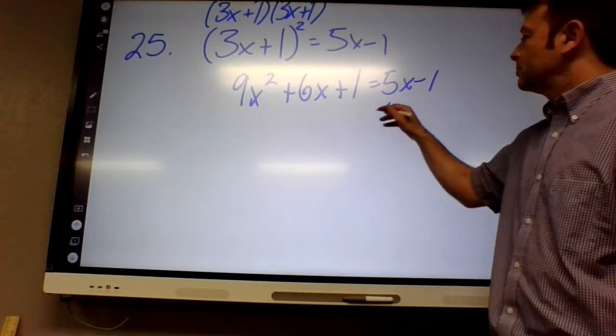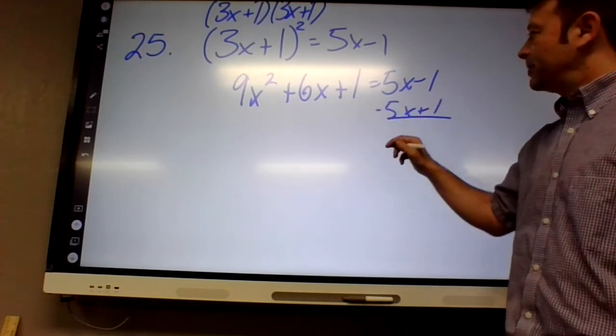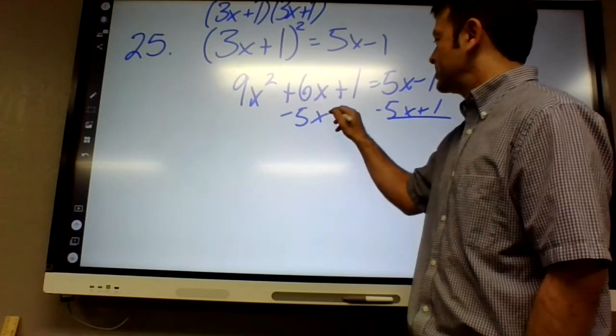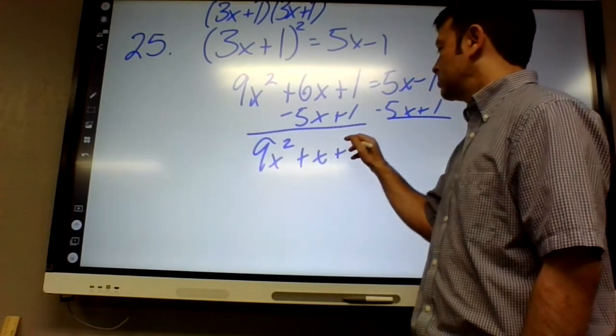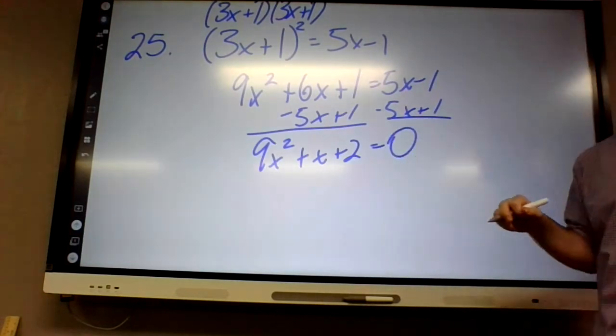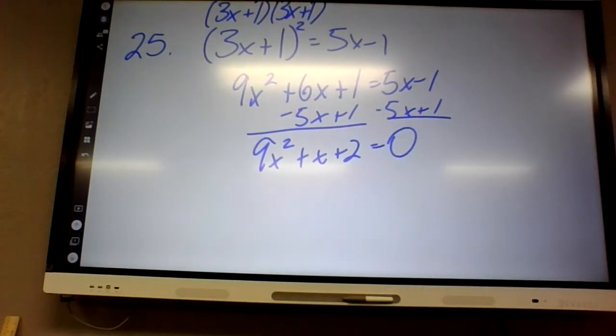Subtract 5x plus 1. Clean up the right side. Okay, now it looks normal. Does that factor? No, it doesn't.